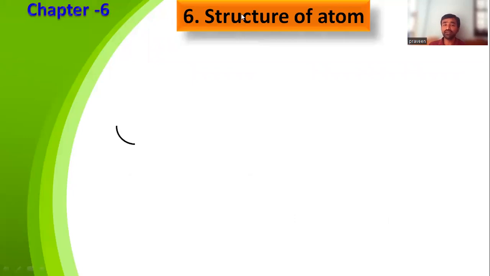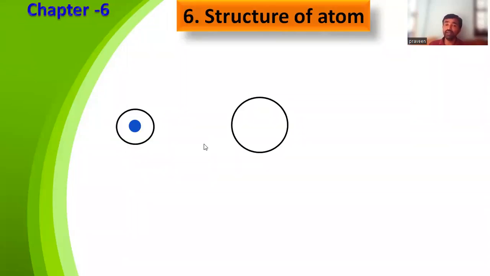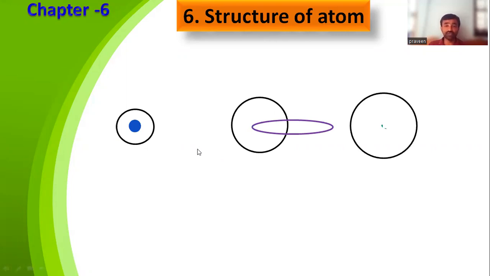Assume a nucleus, represented by this blue color. Around the nucleus there are different energy levels. The first energy level is a circular orbit. In the second level, there is one circular and one elliptical orbit. The third consists of three orbits: the first circular, the next two elliptical.